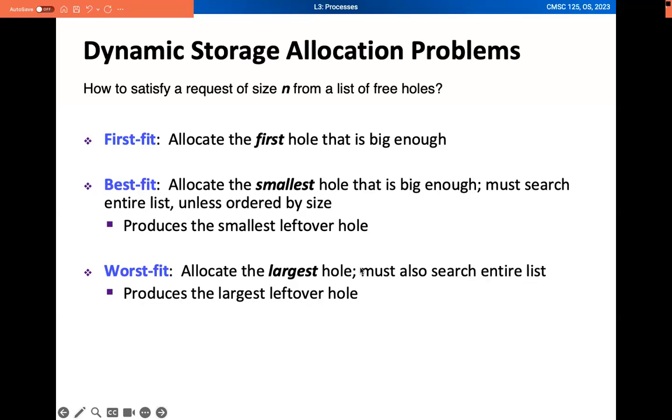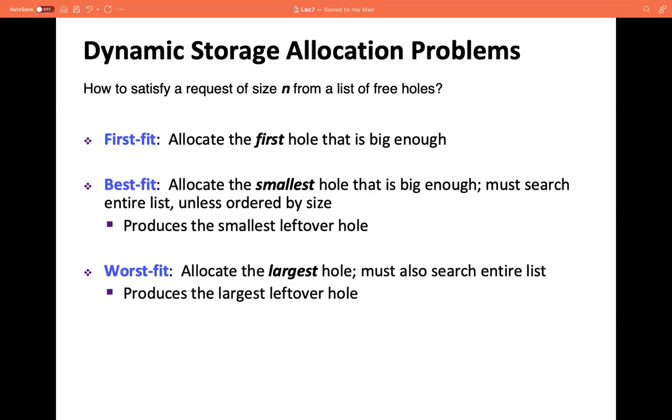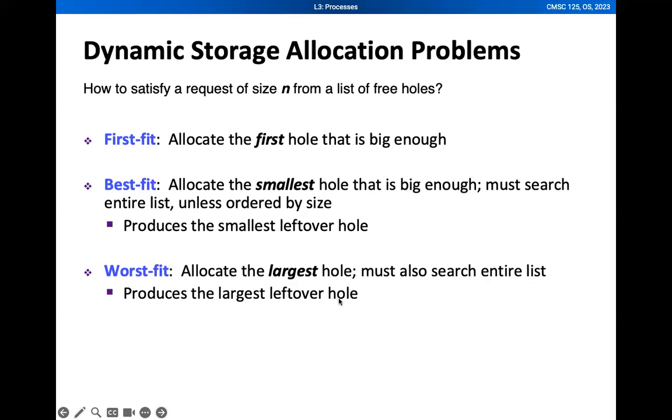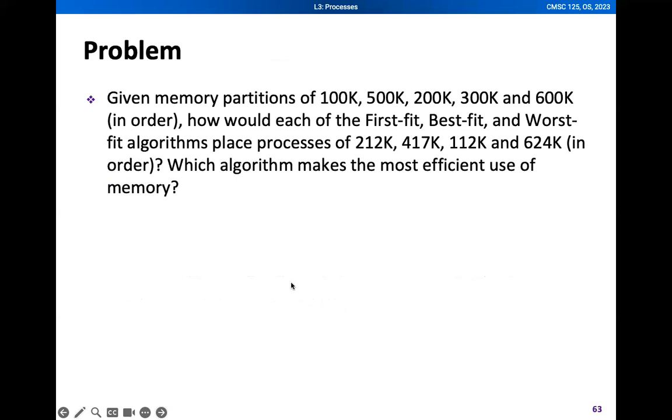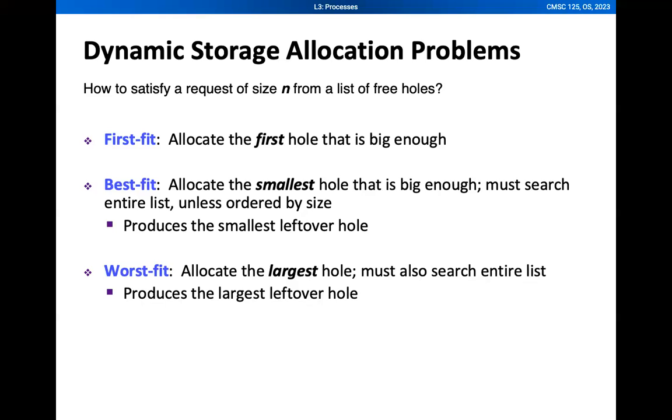The goal of the worst fit is to maximize the remaining free space, which can be useful for larger processes. Okay? So let's have a problem to understand all of these three partitioning schemes or algorithms.